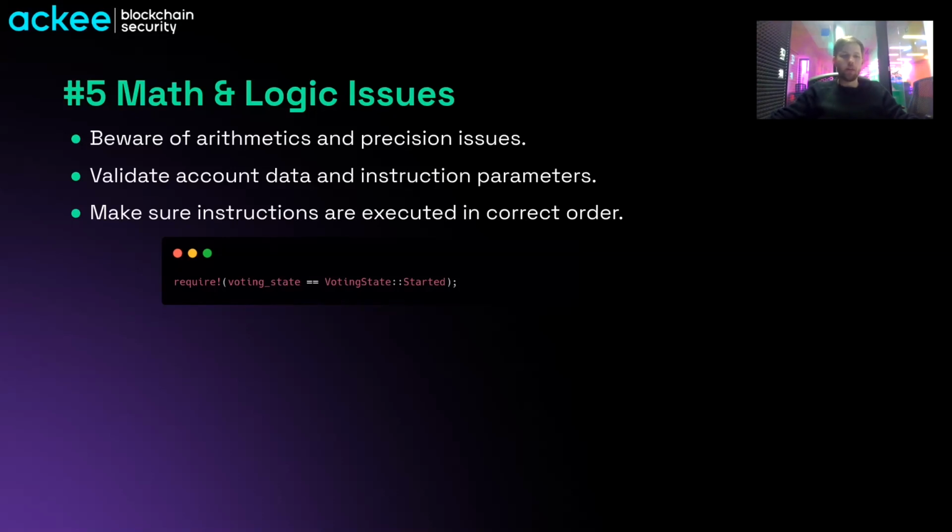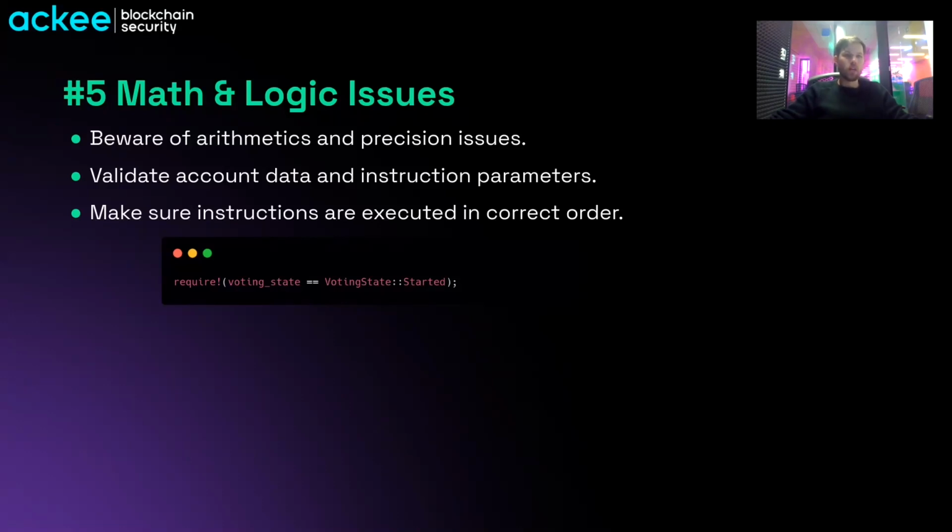So let's imagine you have some starting date, so of course you would like to receive the votes after the starting date. So it's kind of logical. For that, common practice is that you keep some kind of internal state in your program, and you just check that your program is in the correct state.